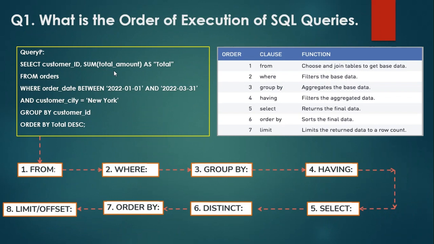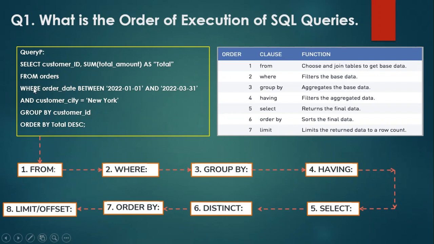Okay. So for example, this is a select query. In the select query, what executes first? In the SQL engine, it will start from the from keyword. So first of all, it will go for the from order, and after that the where condition. Basically, it will be filtering the data based on the where condition.